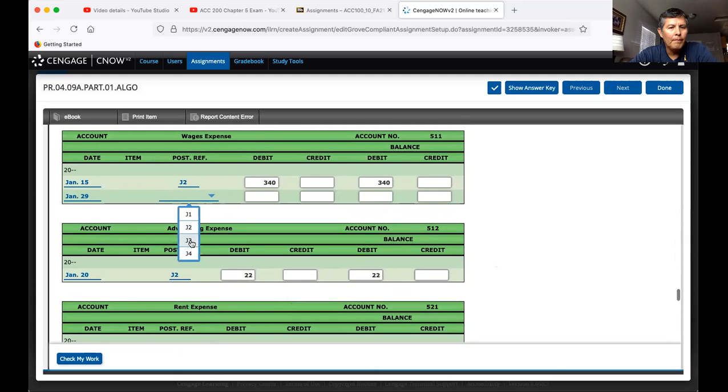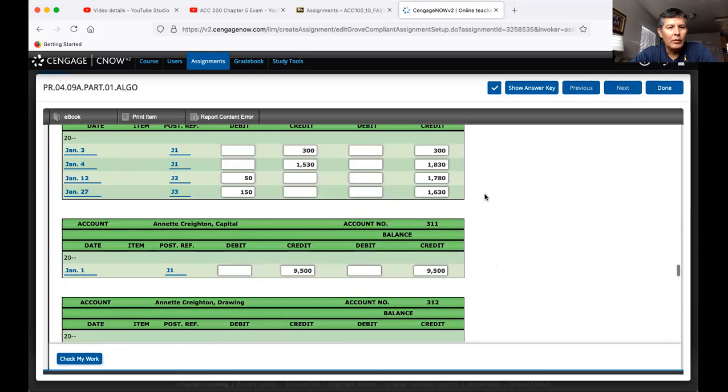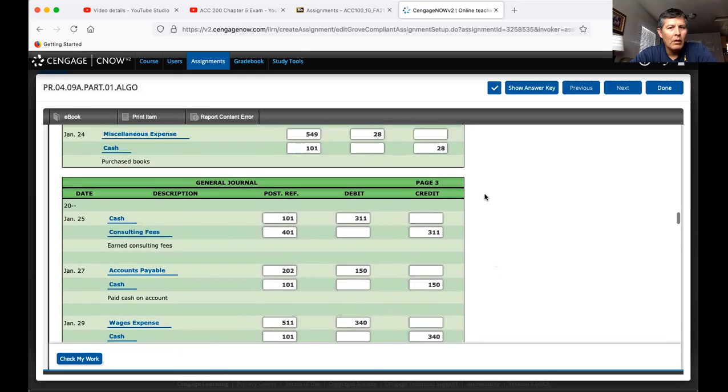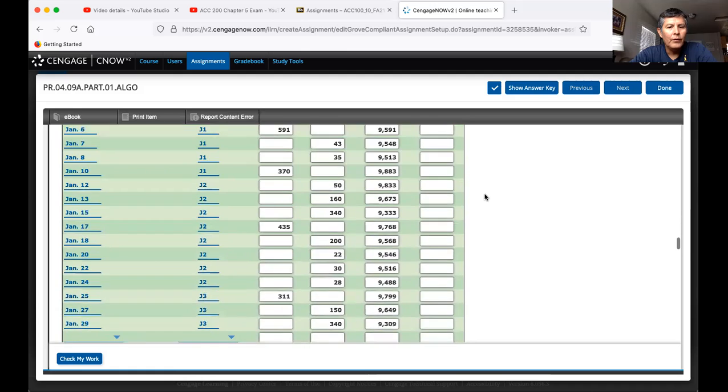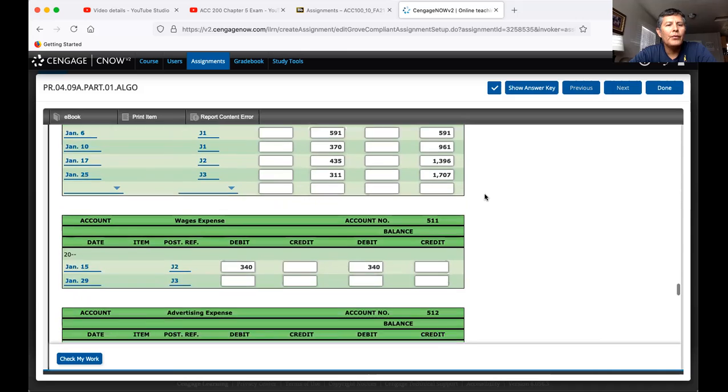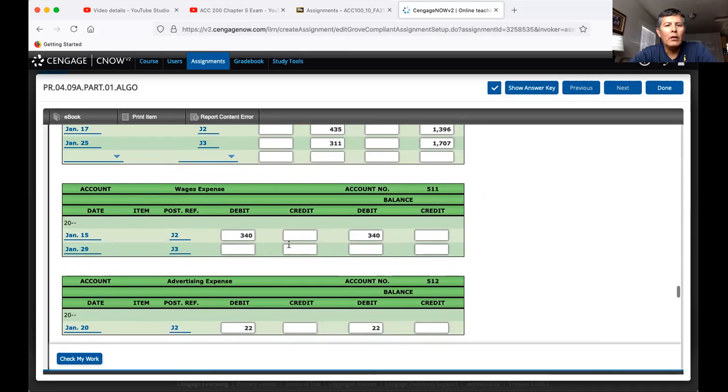This is J3. Actually, let me double check here. Yep, it's J3 still for 340. So this will be 340 times 2, which would be 680.